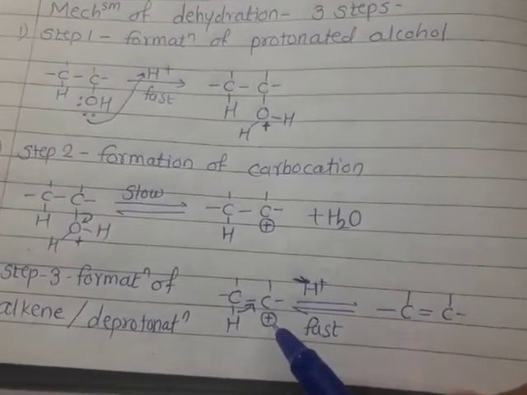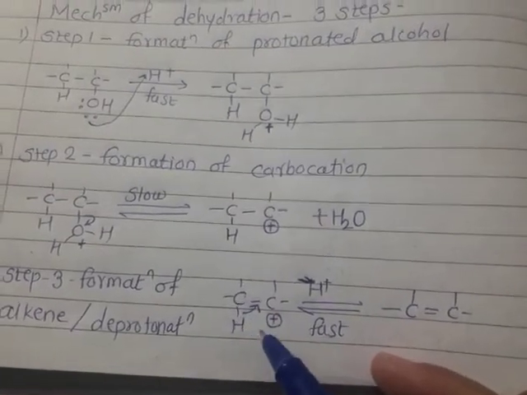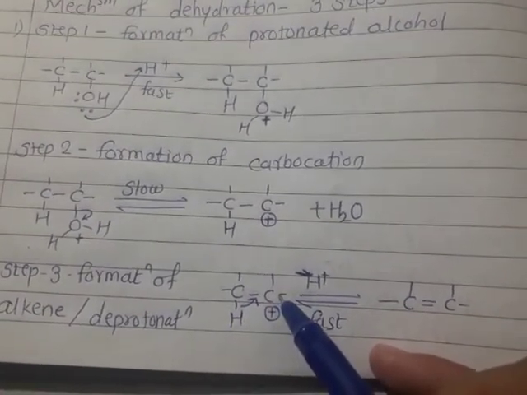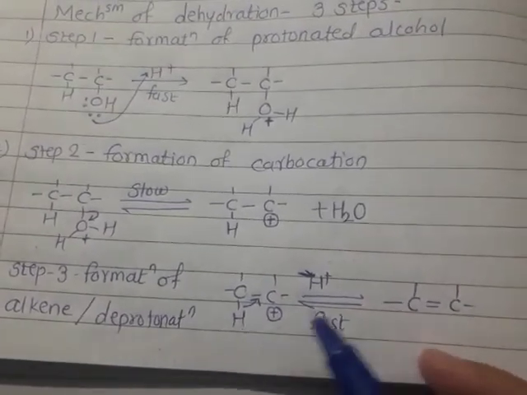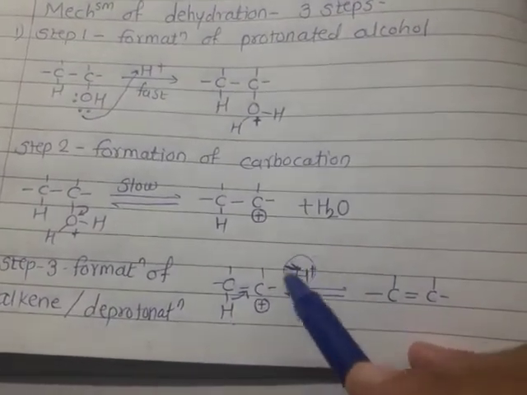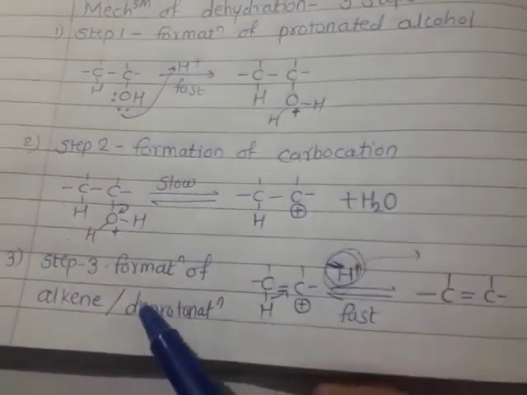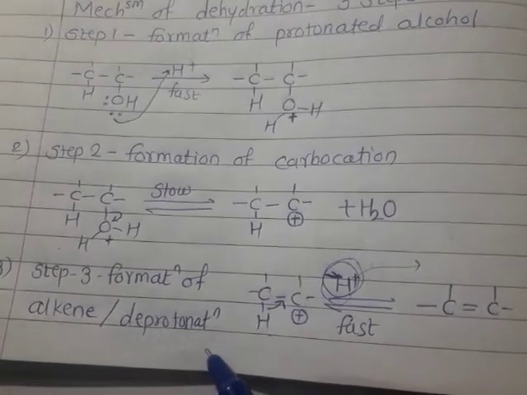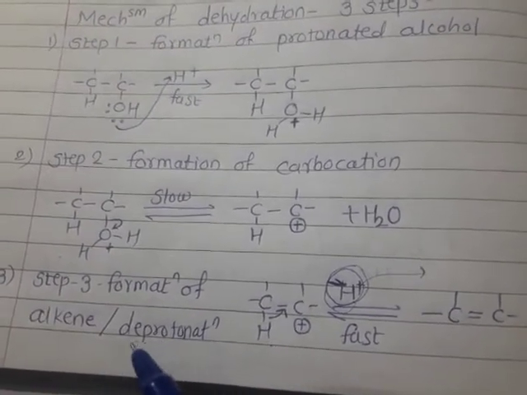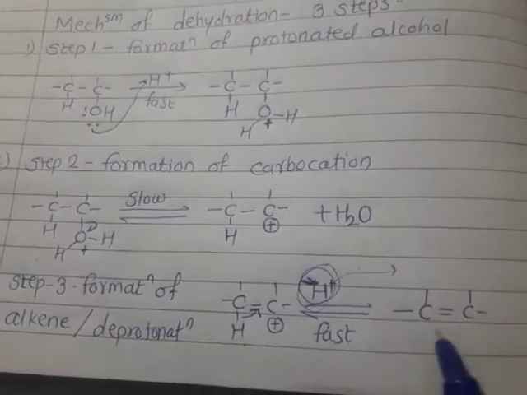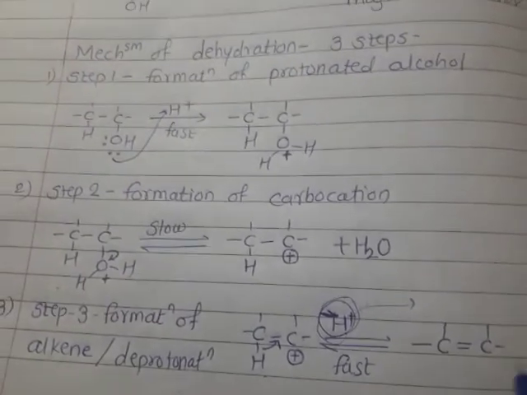Now carbon is in need of electrons, so the neighbor carbon gives electrons to this carbon by taking them from hydrogen. So hydrogen is removed as H plus. We call it deprotonation. Protonation is addition of proton, and deprotonation is removal of proton. So the proton is removed and a double bond is formed between these two carbons and we get alkene as product.